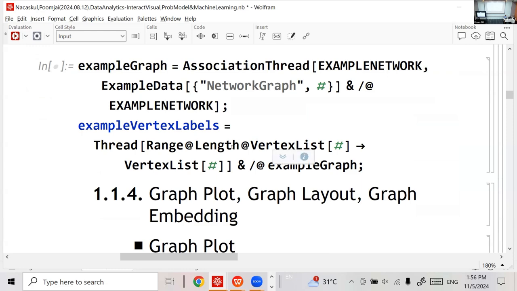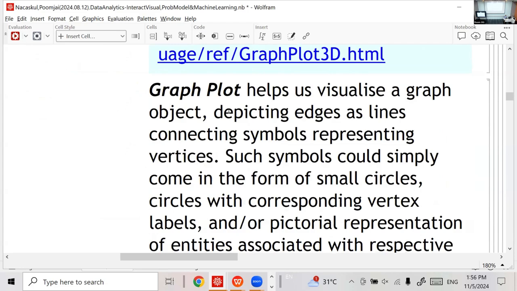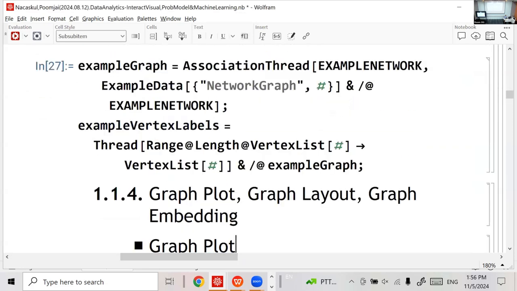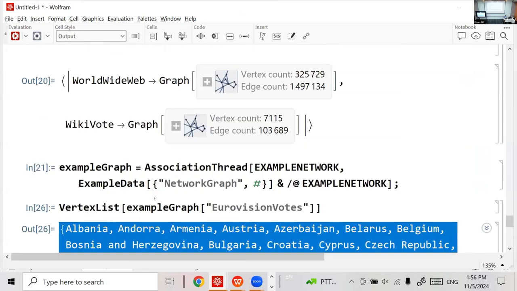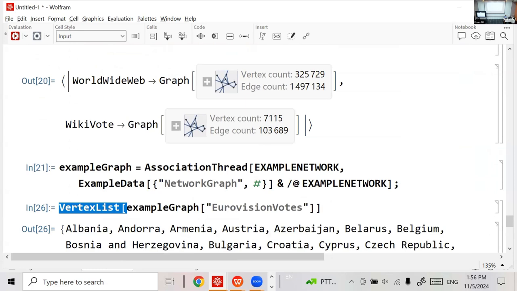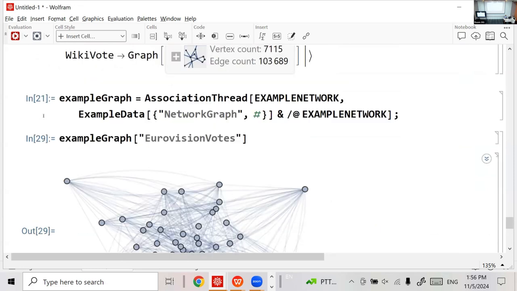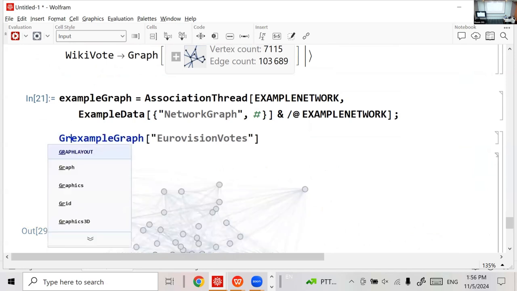Now I want to plot the graph. Actually, by using the graph name, I'm already plotting it. So in fact, it's kind of redundant to say graph plot.